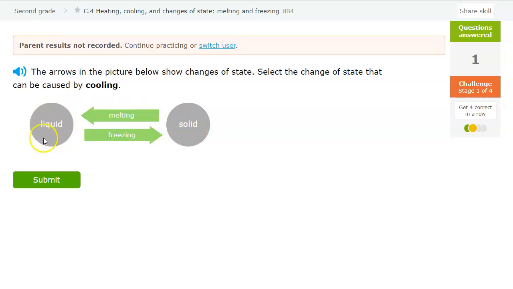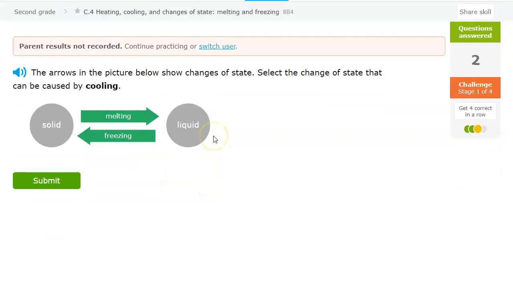Or do we take liquid water and cool it to get ice? I think that we take liquid water and we cool it to get ice. So I'm going to select the arrow that goes from liquid to solid, which is called freezing. So freezing is the only one of these two that could happen when we add cooling.